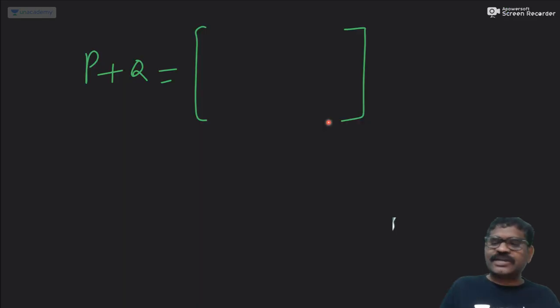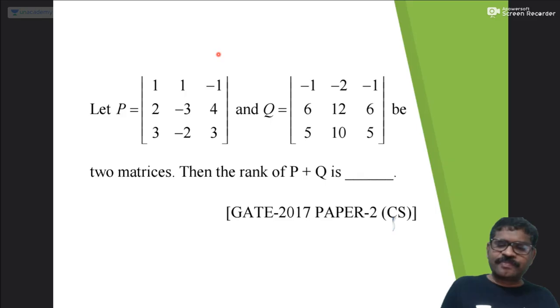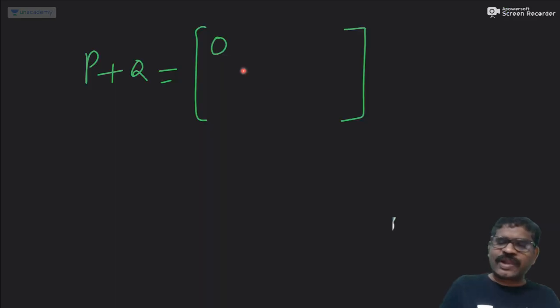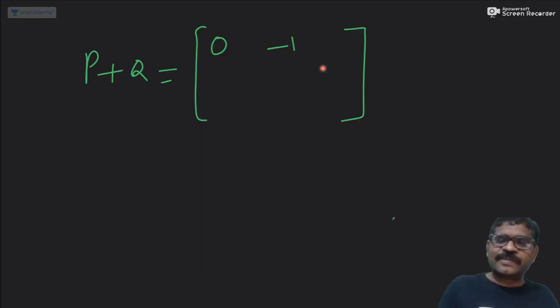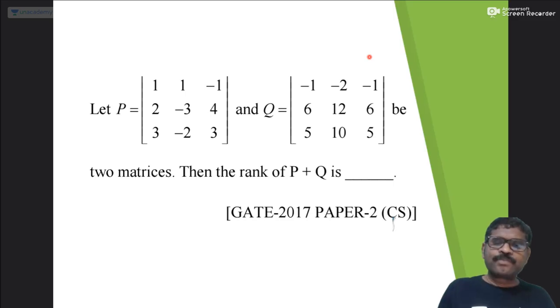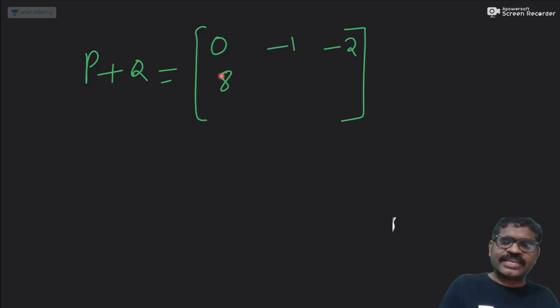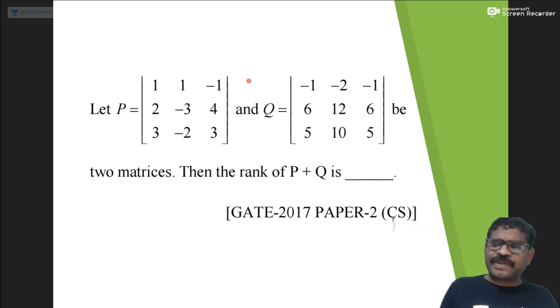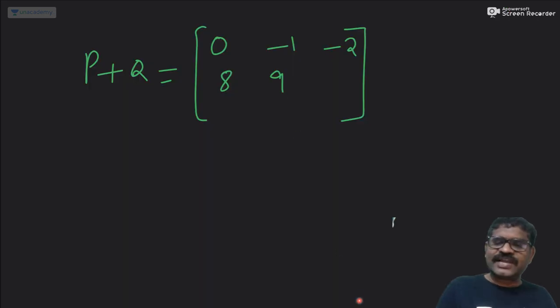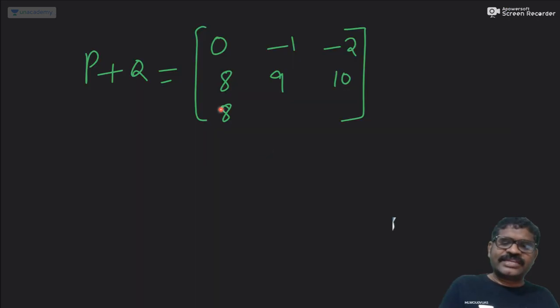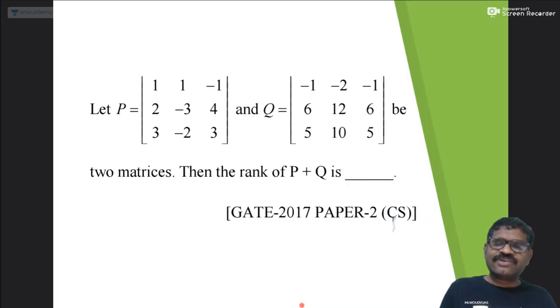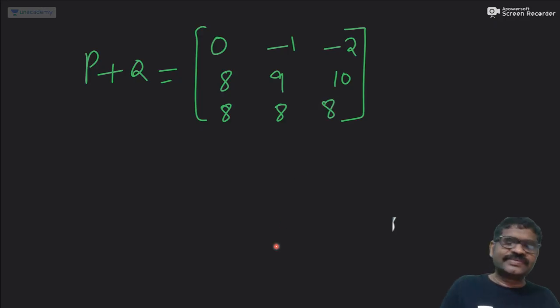First add P and Q. 1 minus 1, 0. 1 minus 2, minus 1. Minus 1 minus 1, minus 2. 2 plus 6, 8. Minus 3 plus 12, 9. 4 plus 6, 10. 3 plus 5, 8. 10 minus 2, 8. 5 plus 3, 8.